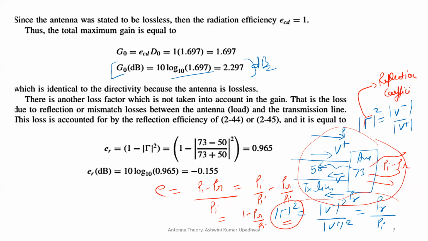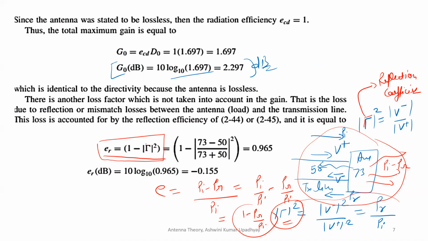So this is exactly what is written here. The efficiency of this kind of arrangement is represented as 1 minus the magnitude of the square of the reflection coefficient of the transmission line antenna setup.